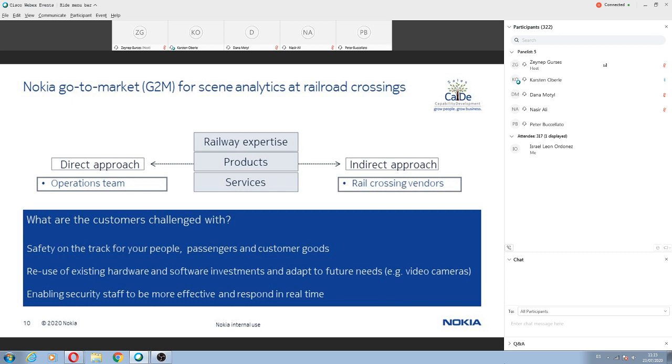What are the customers challenged with? Well, as I said, safety, safety, safety, safety. That's number one plus star priority, and it's far more important than savings in OPEX and whatever. So safety is a really important topic.